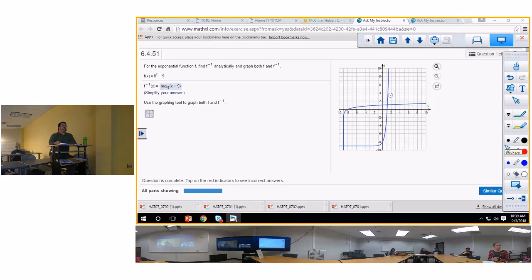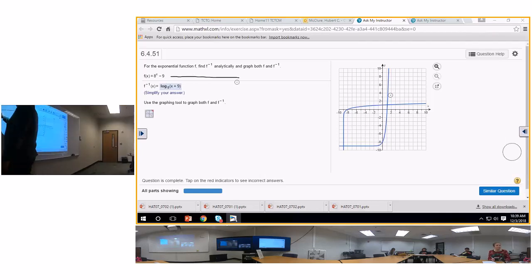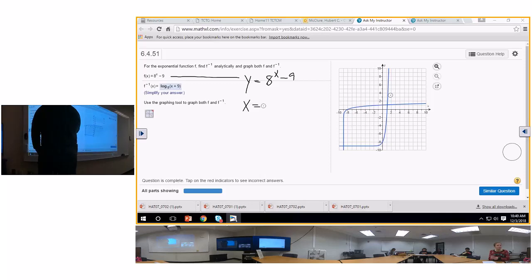So you would write y is equal to 8 to the x minus 9. And then x is equal to 8 to the y minus 9. X plus 9 is equal to 8 to the y.